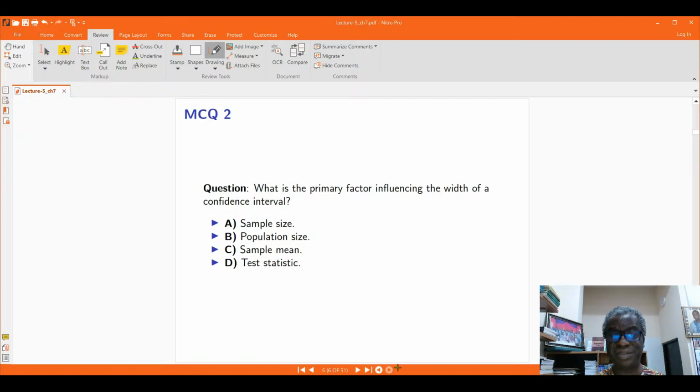What are the options for question 2? I'm yet to see anyone responding. Okay, so Lati is going for A, Wonola is going for B. That's good. So let's move on because of time.